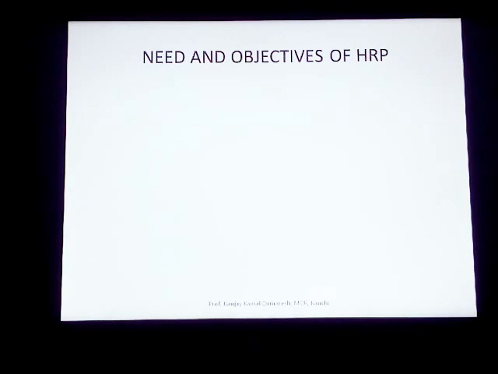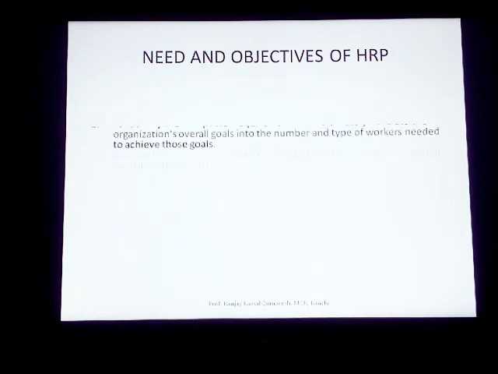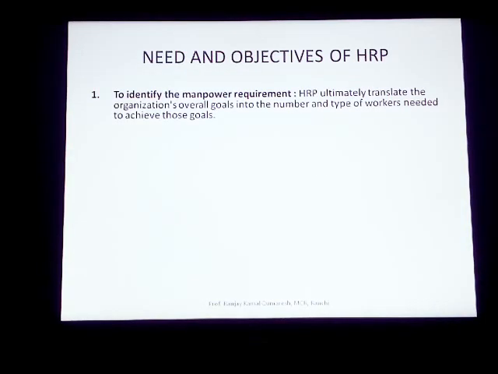Here, the need and objectives of HRP. To identify the manpower requirement, HRP ultimately translates the organization's overall goals into the number and type of workers needed to achieve those goals.